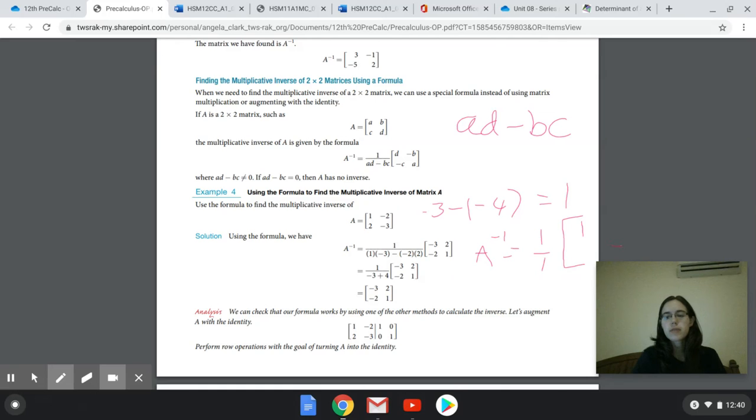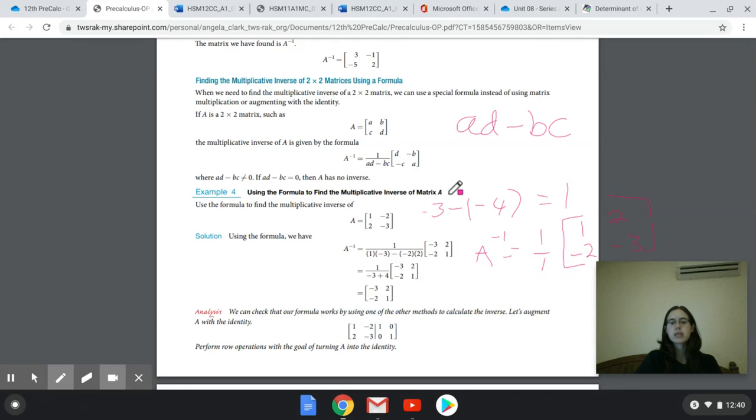1 and -3 maintain their same sign, but the 2 and the -2 are going to change signs. So this diagonal maintains its signs, this diagonal changes its signs. So we're going to multiply this by 1 over the determinant, and since it's just 1, oh, I forgot a thing.